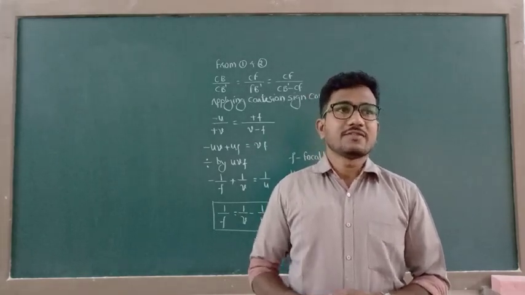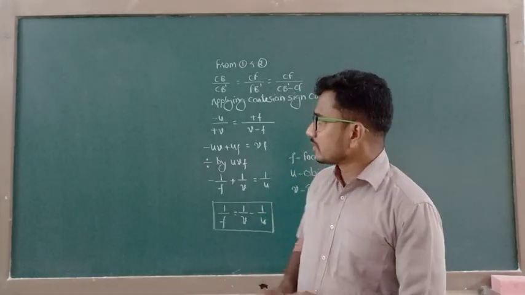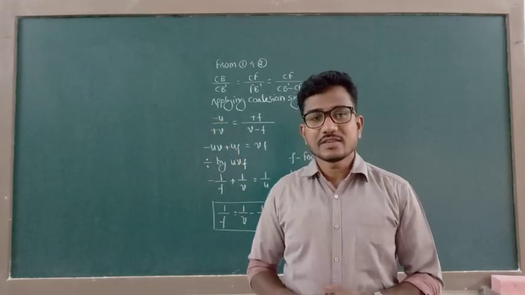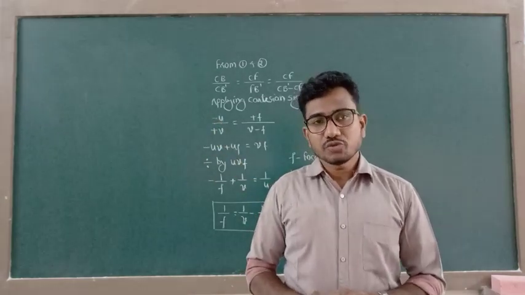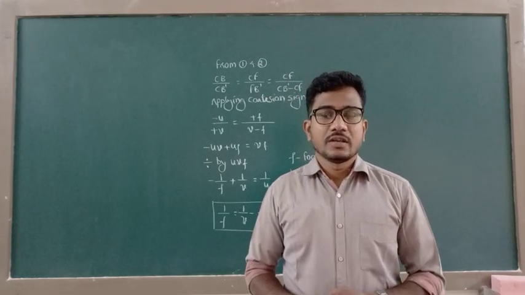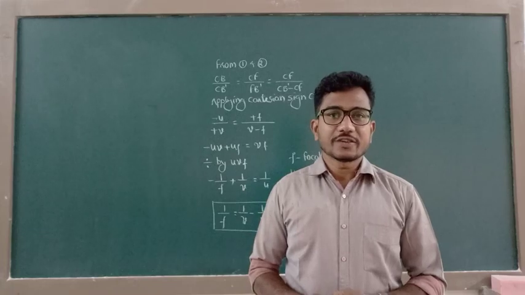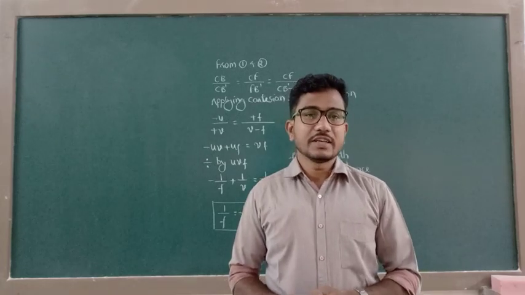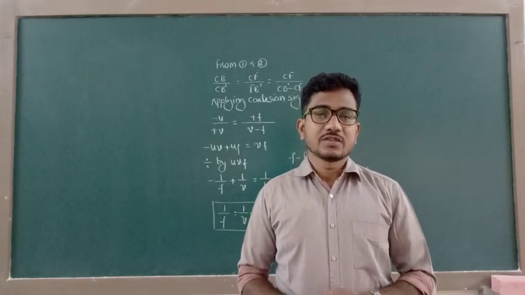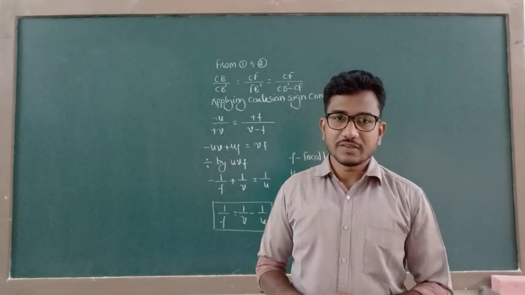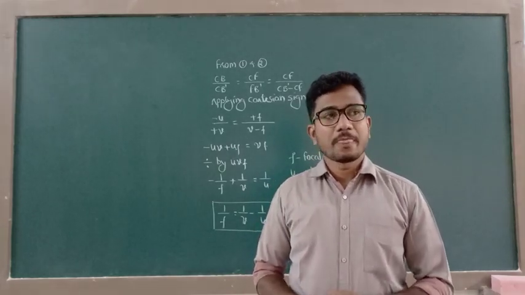As in the case of mirrors, in lenses also, depending upon the position of the object, the image of that object is produced at different points with different sizes. So that we are going to discuss in linear magnification.